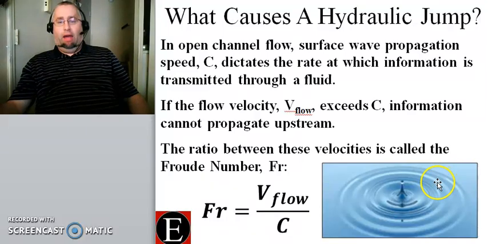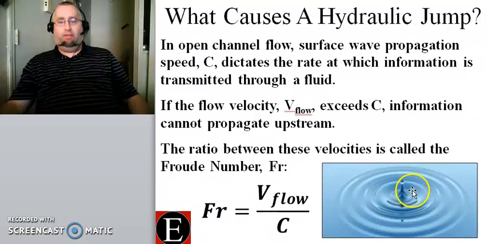Well, the leading surface wave, which moves away from the point of disturbance at a velocity of c, the rate of surface wave propagation, carries with it the information that that stone dropped into the pool. So any fluid between the point of disturbance and the leading edge of this first wave is aware that that stone was dropped into the pool.